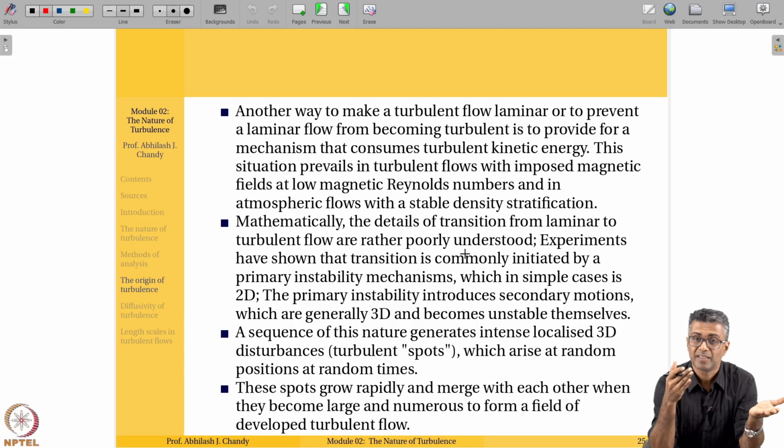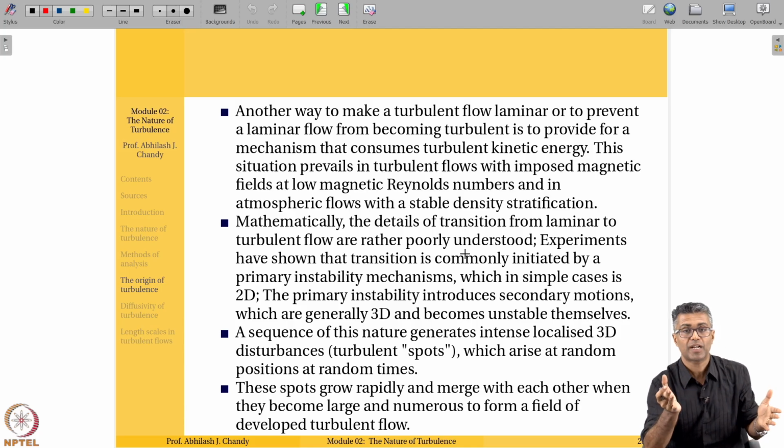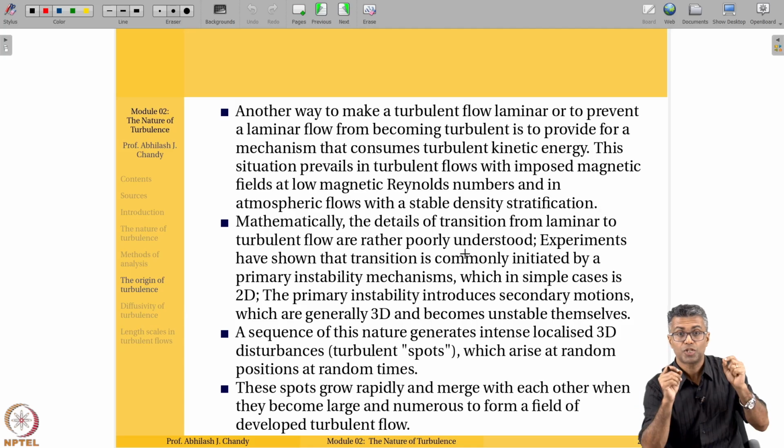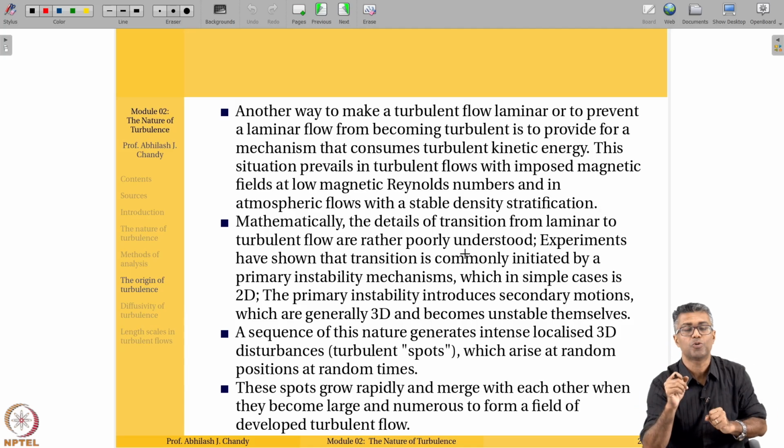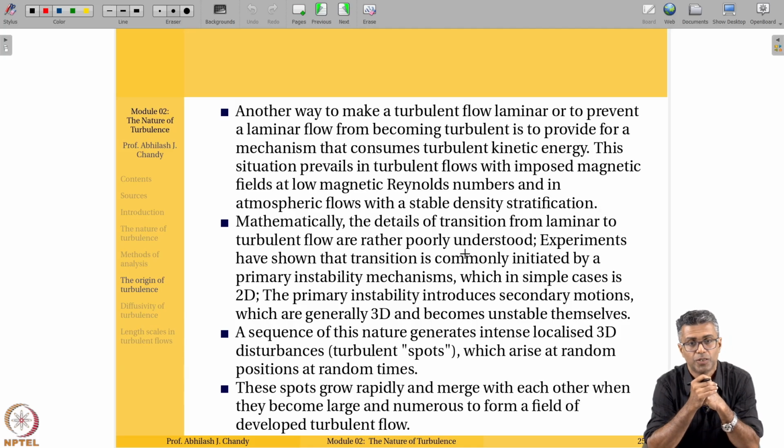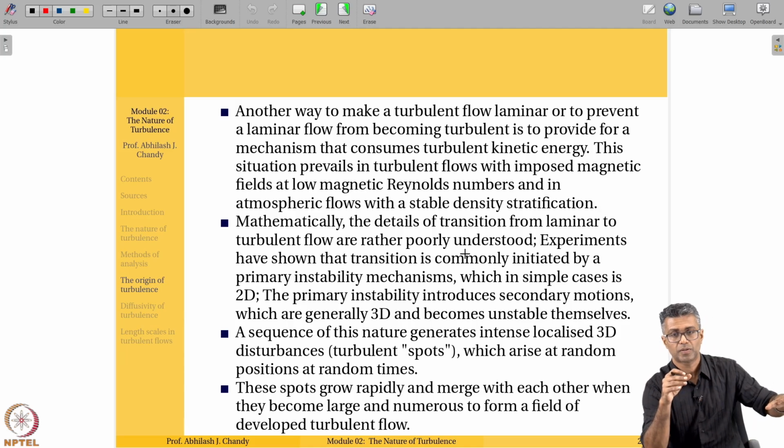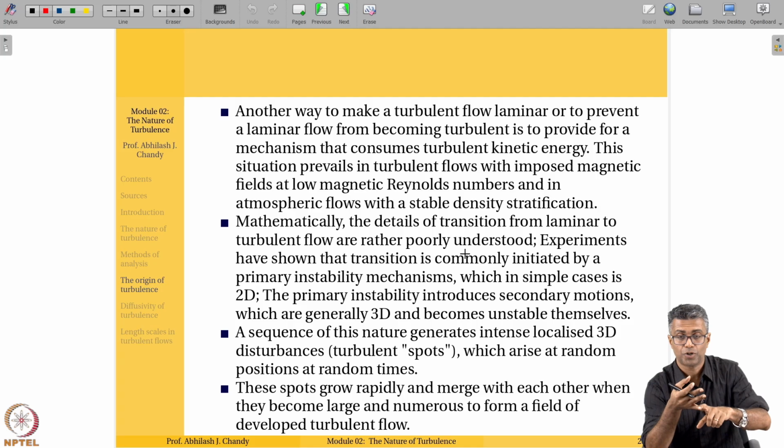So I talked about an example where the turbulence decays. Another way to make a turbulent flow laminar, in other words, the laminarization of a turbulent flow, is to provide a mechanism that consumes the turbulent kinetic energy, that takes up the turbulent kinetic energy. You can do this through an imposed magnetic field, for example, at very low magnetic Reynolds numbers. Okay, that's one way to do it.